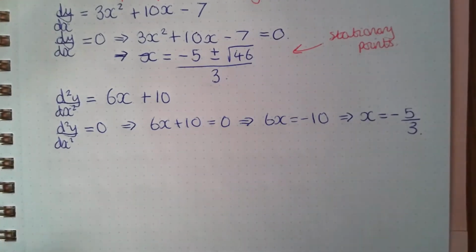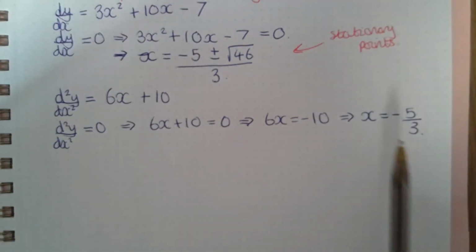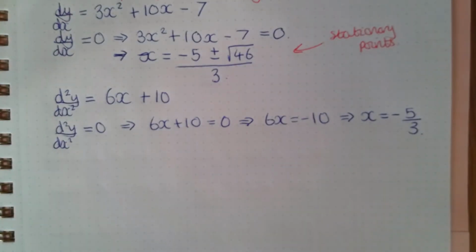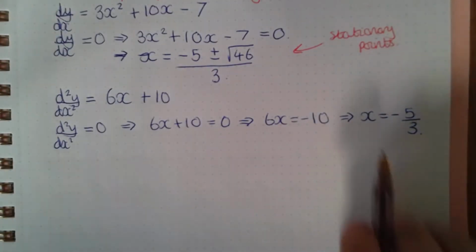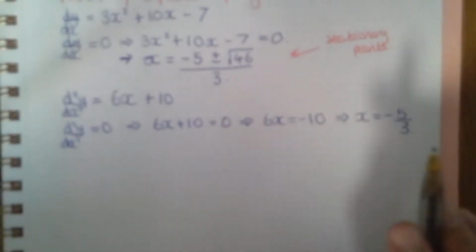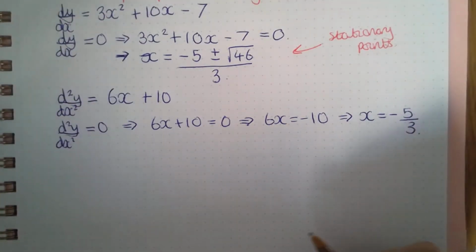Okay, but like we said in one of the initial videos about points of inflection, just finding the x value isn't actually good enough. You need to check your second derivative either side of that point. So this is negative 1.6 recurring. So we're going to check one value either side of negative 1.6 recurring.